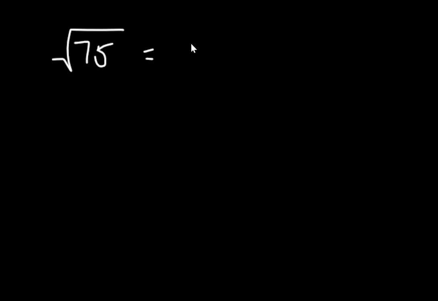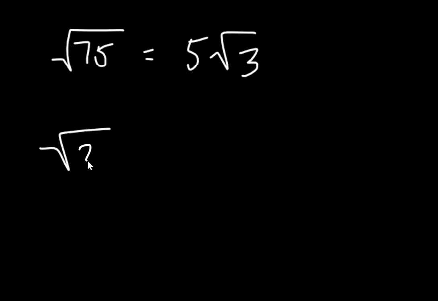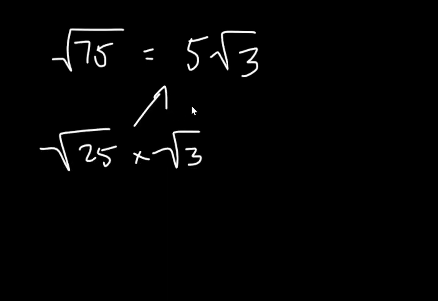If you answered 5 times the square root of 3, you'd be correct. This is equal to the square root of 25 times the square root of 3. The square root of 25 is just positive 5, and then 3 stays under the root, and you get 5 times the square root of 3. That's really all you need to do for today.